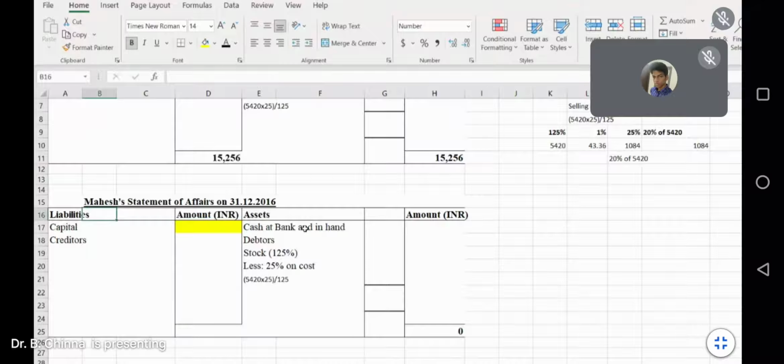Yes, cash in hand and cash at bank, it amounts to how much? 19,450. Then how much? 5,920, sir. 5,920.